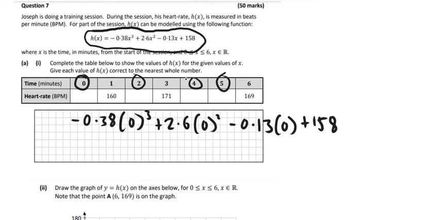You can do that one in your head actually, because it's just times 0 for 3 of them, and then the 158 is left over. So 158 goes there.